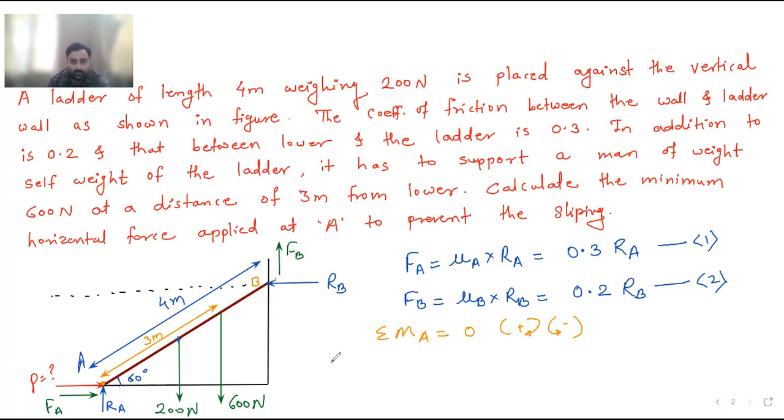Now this 200. What is the moment of this 200? It is force into perpendicular distance. See, this force is vertical, so this will be your perpendicular distance. Then this hypotenuse is 2 meter and this angle is 60 degree. So this length is 2 cos 60.